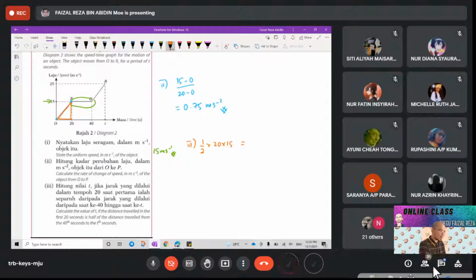the distance from the 40th second to the t second. It's going to be here, from 40 to t. It's going to be our trapezium over there.